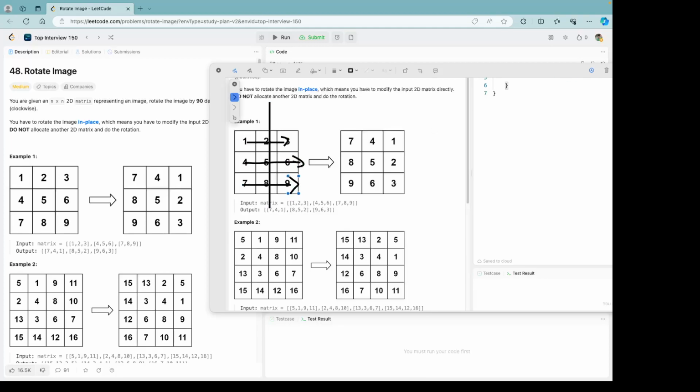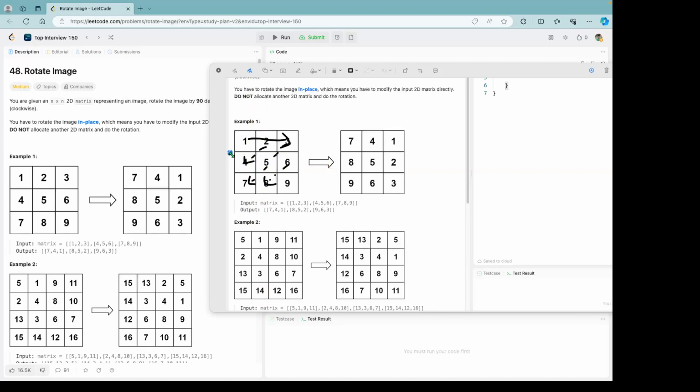So essentially, we first flip each element in the transpose. Next, we reflect each element of the transpose matrix along its center middle elements.